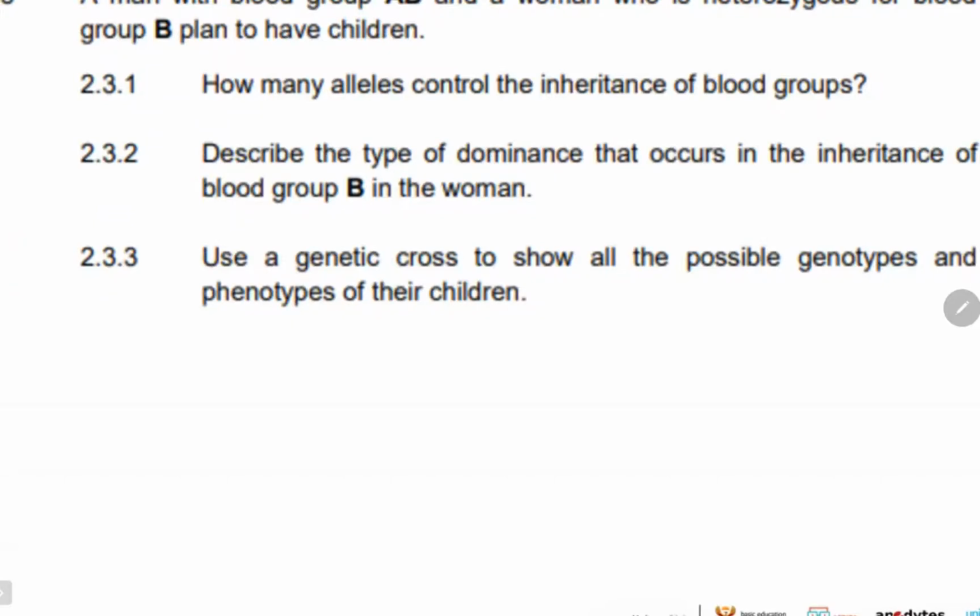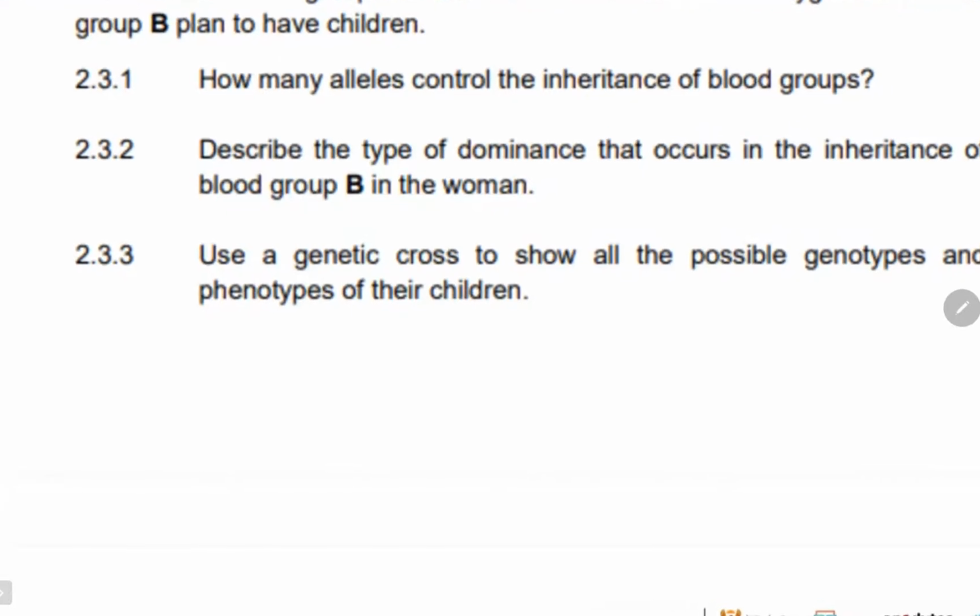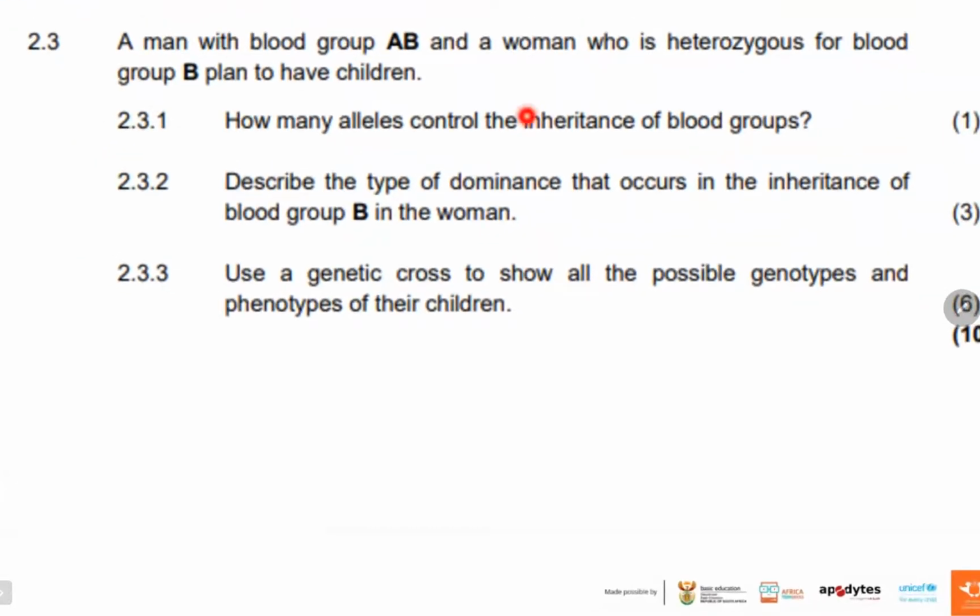But the only example that we learn about that has incomplete dominance is in blood groups. And the nice example we find in blood groups is blood group AB, because A and B are 2 capital letters, and think of it as both dominant alleles, but you express them at the same time. But it is not asking about AB, it's asking about B.